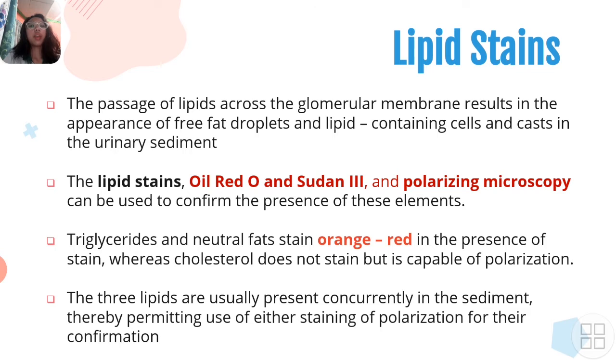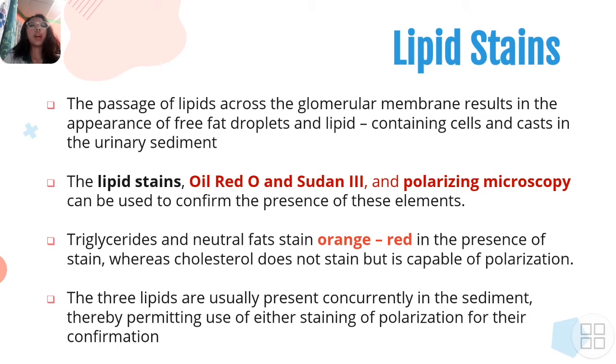Lipid stains. The passage of lipids across the glomerular membrane results in the appearance of free fat droplets and lipid-containing cells and casts in the urinary sediment. The lipid stains, oil red O and Sudan III, and polarizing microscopy can be used to confirm the presence of these elements.